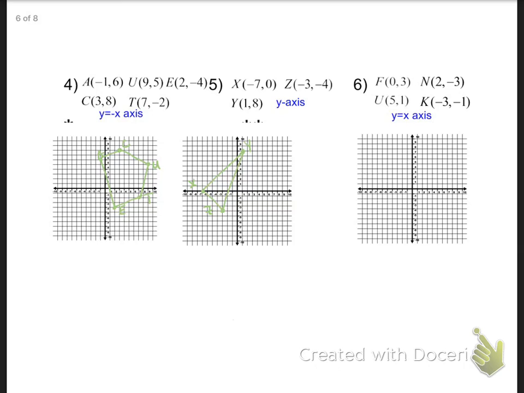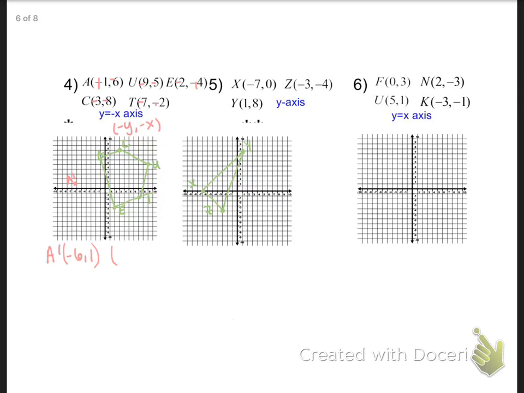Okay, this next one, it says y equals negative x-axis, so negative y comma negative x. So I'm going to go through and flip all my signs first, so when I do my other flip, it makes it way easier and I don't leave off negatives. Okay, so now I know A prime is going to be negative 6, 1.